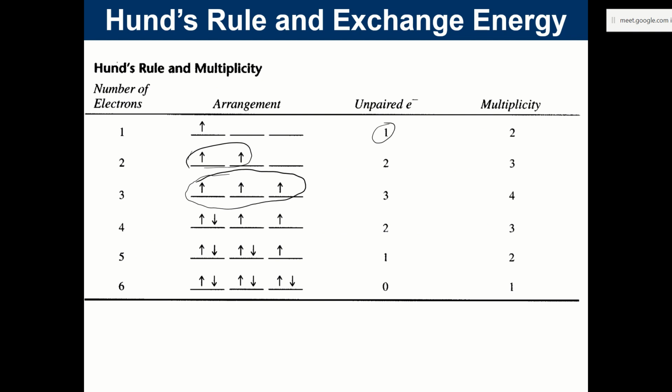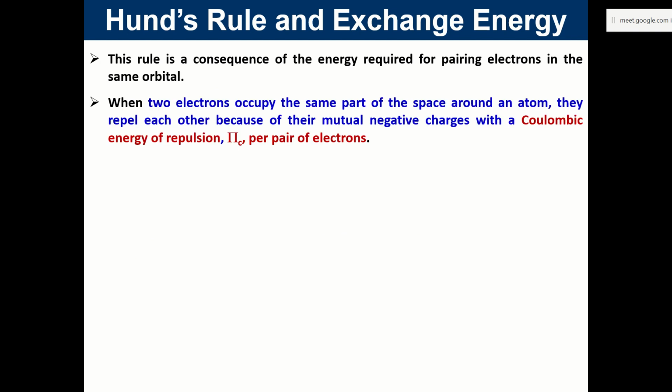So let's try to understand the reason behind that. So let's understand two things. Whenever you have electrons occupying the same region, so in one area around the nucleus, you are trying to put two electrons together, they will have repulsion amongst themselves. You must overcome that force of repulsion.